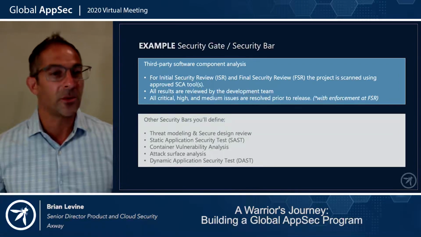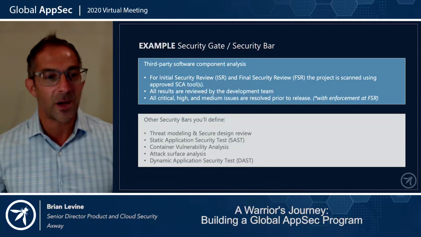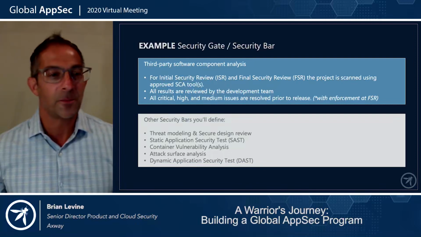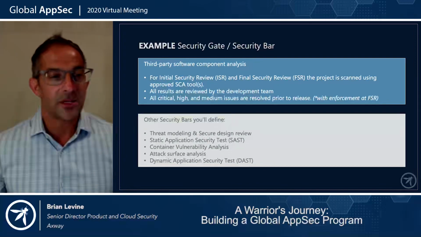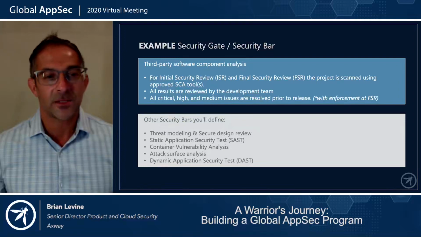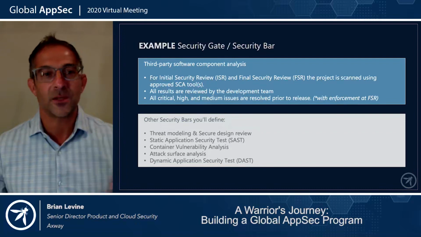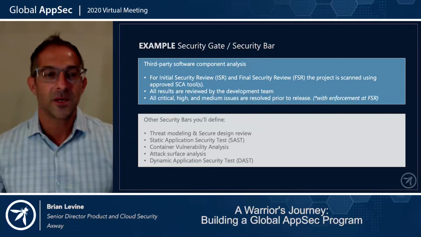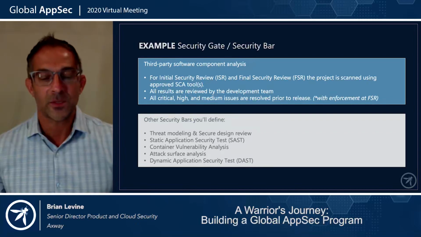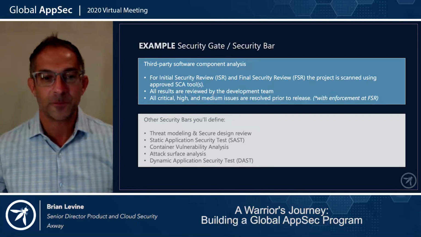For example, we have bars for threat modeling, secure design review, static application testing, container analysis, attack surface analysis, and dynamic scanning. Each of these controls will have a security bar definition that says how you test it, how you measure it, and what the passing criteria are for that bar.